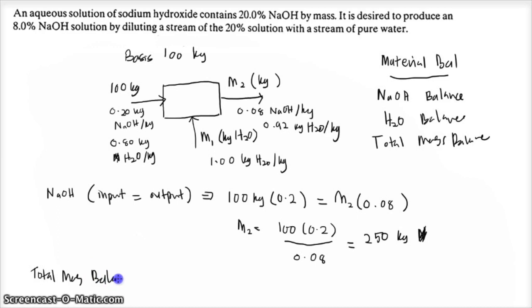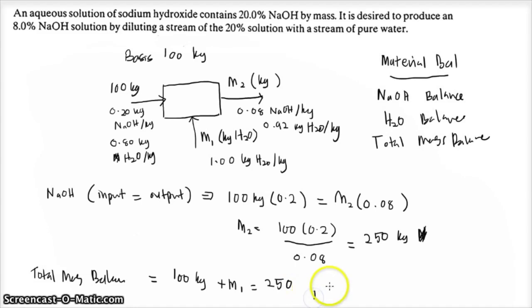Sorry if my writing is bad. The total mass balance is the amount that goes in equal to the amount that goes out, because there's no accumulation in here. So 100 kilograms plus M1 equals M2, which is 250 kilograms.